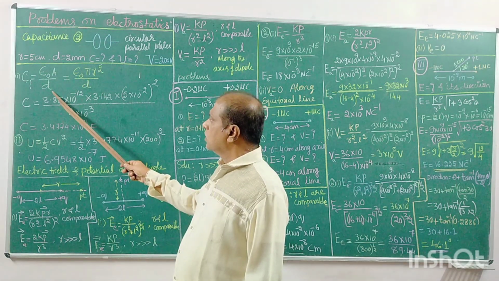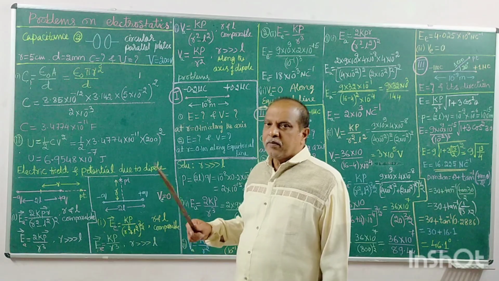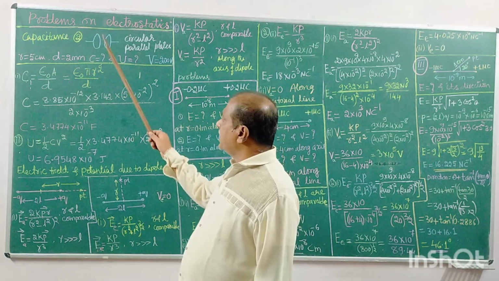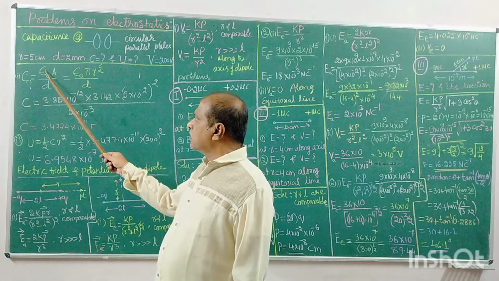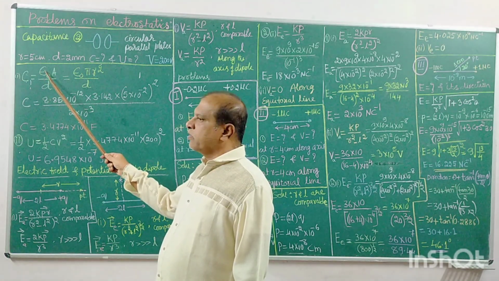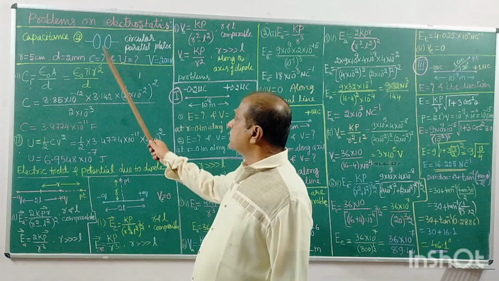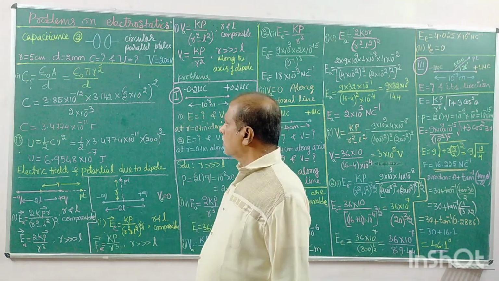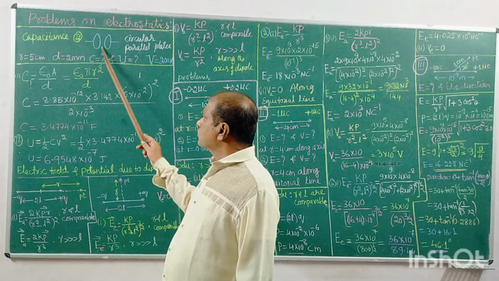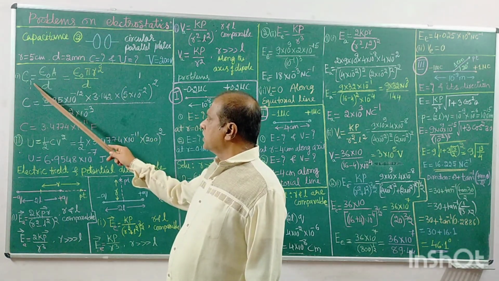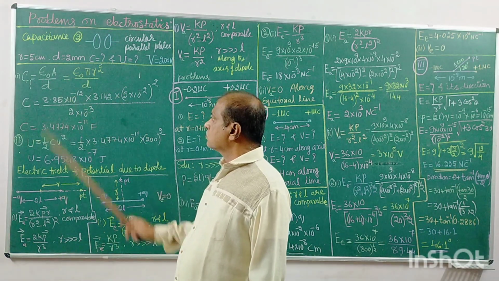And also the electrical permittivity of the space between the two plates; epsilon naught is the permittivity for free space. So this is the general formula for the capacitance of a capacitor.